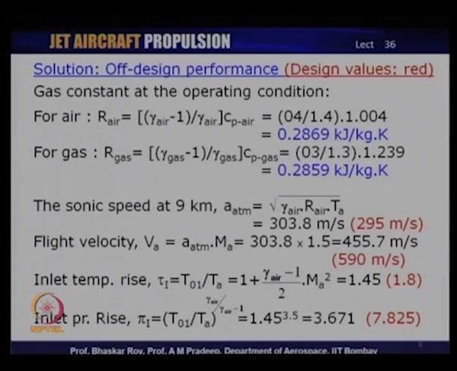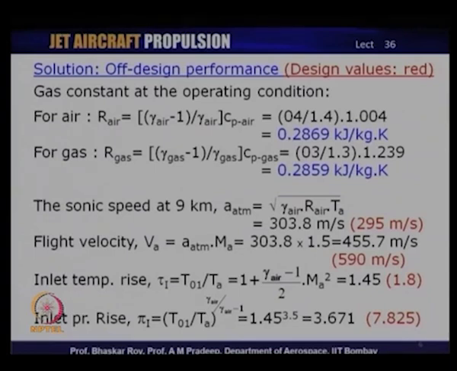For the air, it comes out to be 0.2869 kilojoules per kilogram per Kelvin. The corresponding value for the gas, that is the mixture of air and burnt fuel, comes out to be 0.2859 kilojoules per kilogram Kelvin.